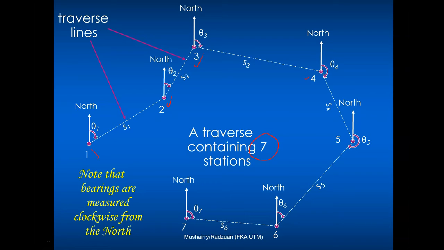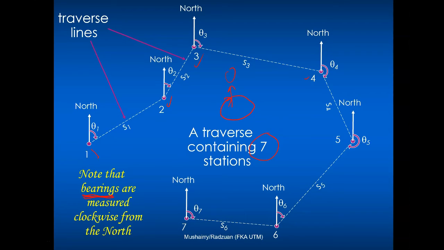And note that bearings are measured at each point, and bearings are measured, of course, clockwise. So bearings run from 0 at the north to 360 clockwise. So that's how bearings are measured in traversing.